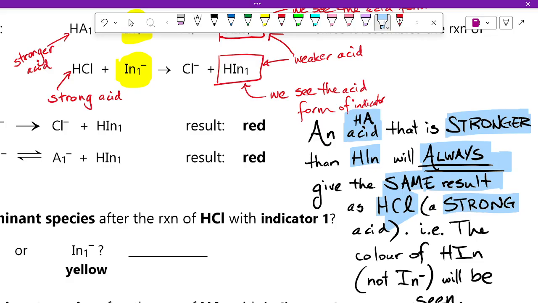So you are going to see the color of HIn, not In minus. Anytime you have a strong acid or a stronger acid, you're going to see the color of HIn. So anytime an acid does the same as HCl, you know it is stronger than the indicator.